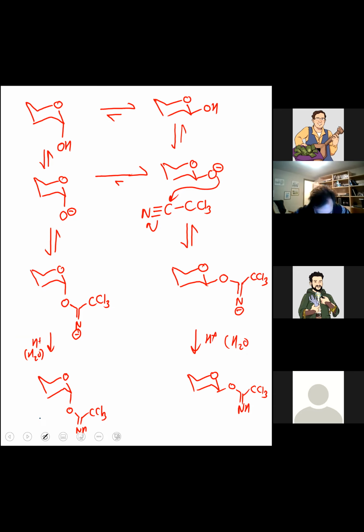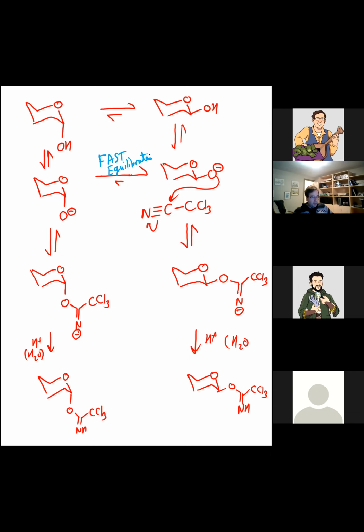Okay. So this is what I would call a fast equilibrium. This equilibrates quickly. The switching back and forth of alpha and beta alkoxide is basically instantaneous and really, really fast because it's mutarotation on steroids.